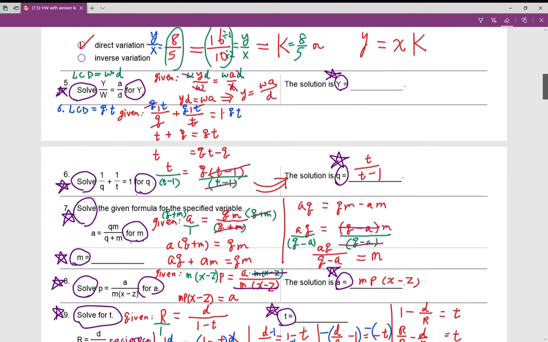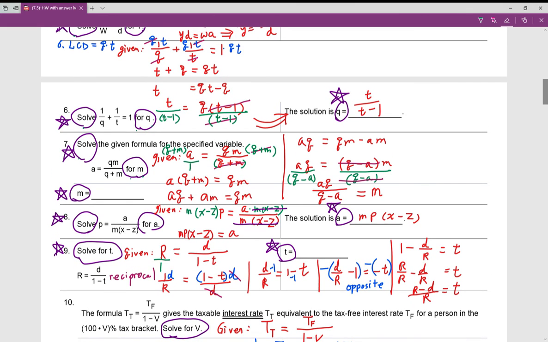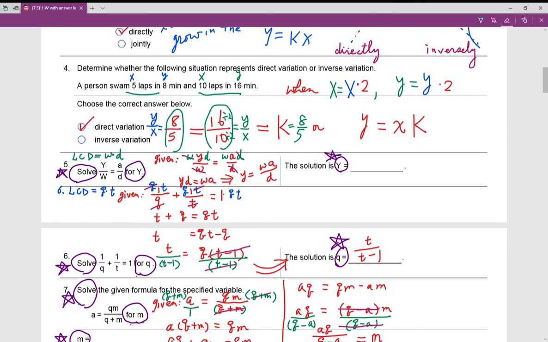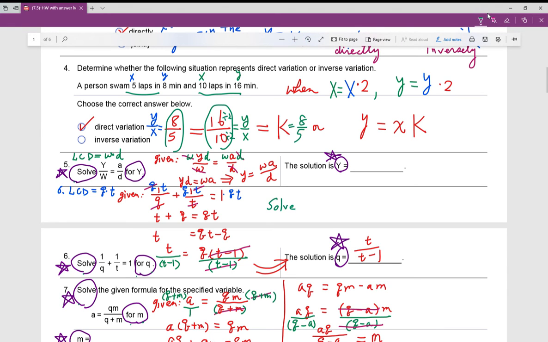When the equation has so many unknown numbers, so many variables, then what you have to do is follow the instruction. So like number 6, you want to solve for q, right? So solve for q in terms of t.